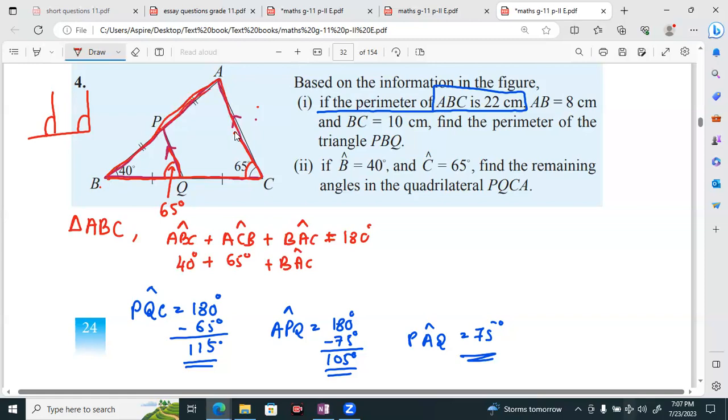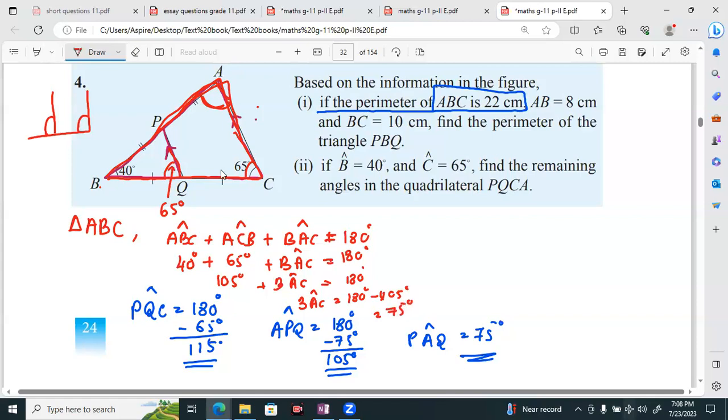So BAC angle equals 180 subtract 105. Answer is 75.